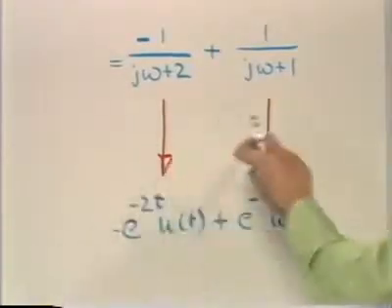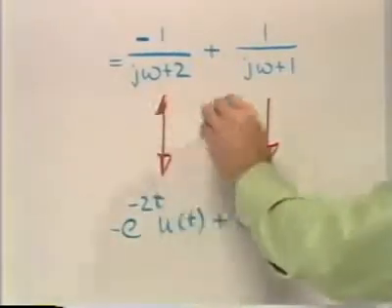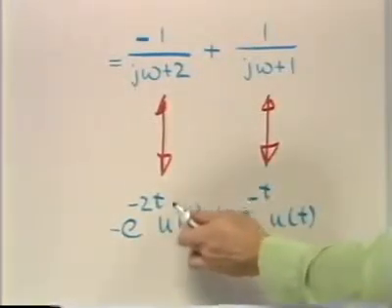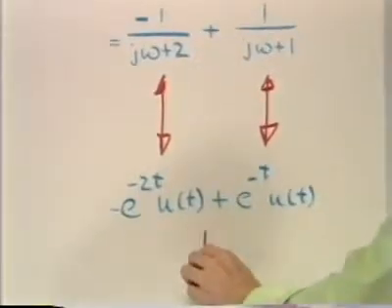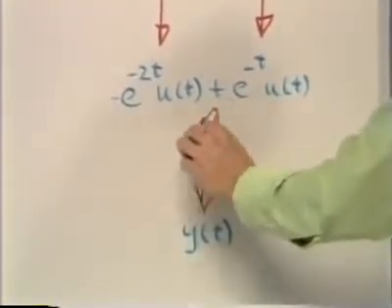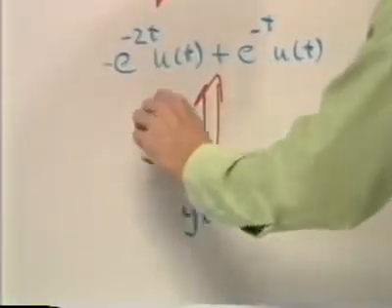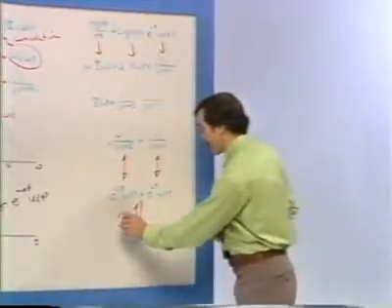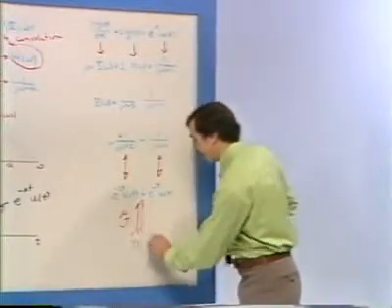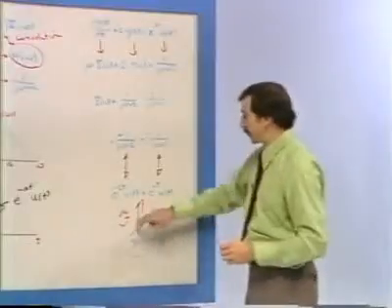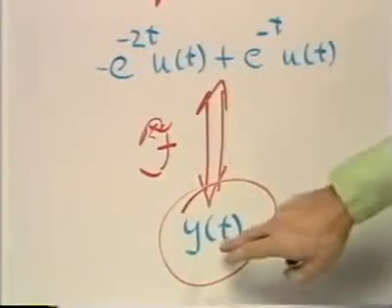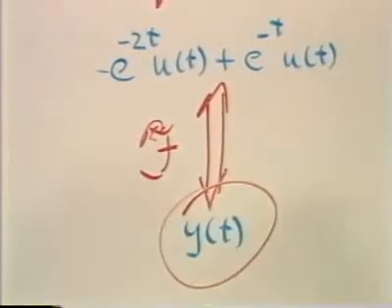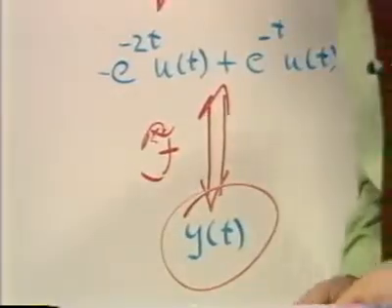And so, in fact, it's the sum of these two terms, which are the inverse transforms of the individual terms in the partial fraction expansion, that then give us the output. So this is h of t. This is y of t, which is the sum of these two exponentials. And this is the inverse Fourier transform of Y of omega as we calculated it previously.